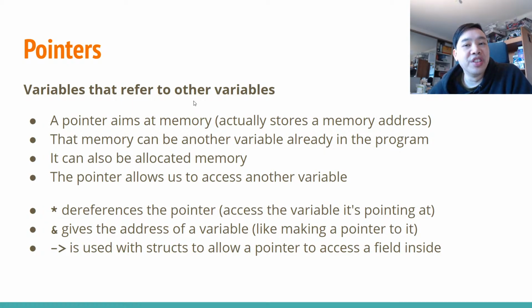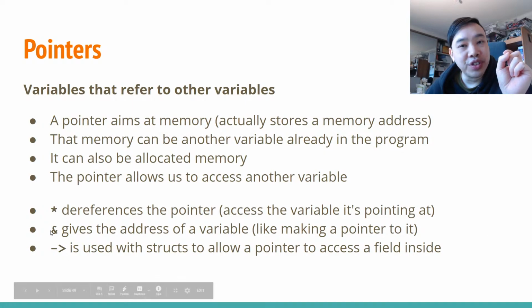We call them variables on the stack versus variables in allocated memory, which is also called the heap. Don't worry too much about those names. You will see them more later and you'll get familiar with them. We kind of didn't bother pushing a lot of that detail on you. But we store a memory address, which means the pointer gives us access to a piece of memory. I think I've said that.